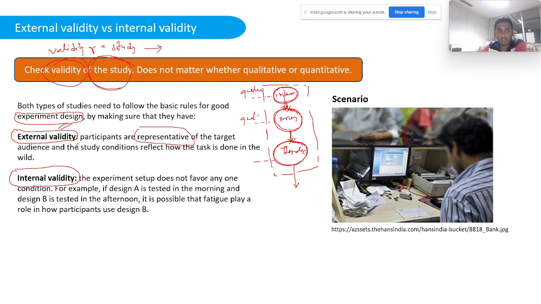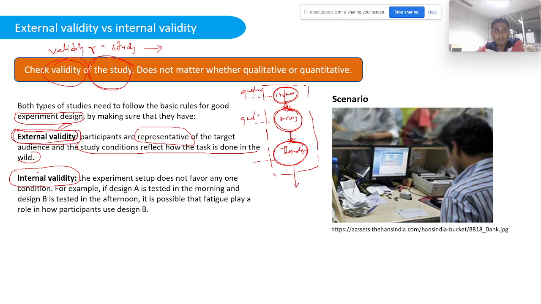The study should reflect how the task is done in a natural setting. If we bring that person to your setting or your home, and then ask that person to perform the task, probably the environment changes, the scenario changes. So your entire task analysis may give wrong information because you have tampered with the natural setting of executing that task. So you need to look for external validity.